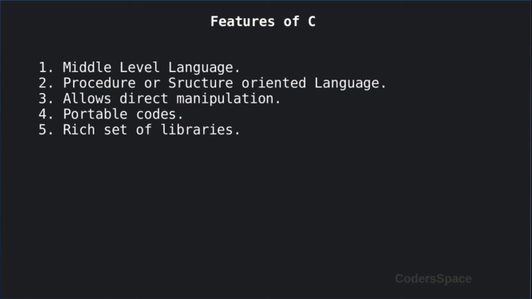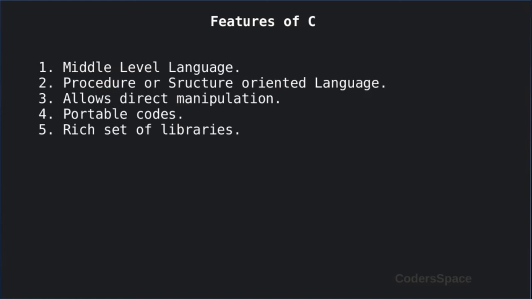But with middle level and high level languages, we can totally focus on the logic, on how the task can be implemented, and then it is the work of the compiler to convert the code which we have written into the executable code, that is the binary code, a series of ones and zeros. So the programmer can very nicely focus on the implementation or the logic of the code.